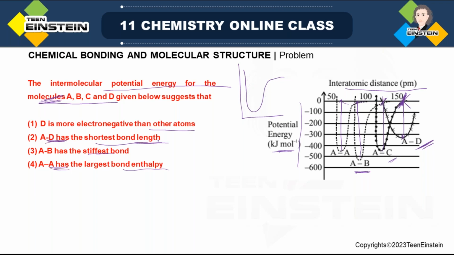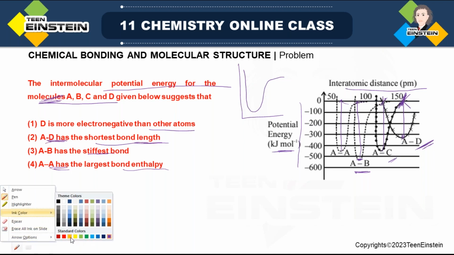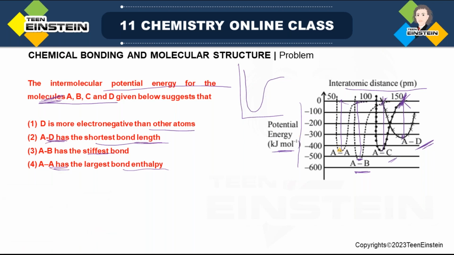Then, AB has the stiffest bond. Now for AB, the energy minimum is the largest in magnitude. Why am I saying so? This is the minimum for AA. If you draw a line, it is somewhere between minus 400 and minus 500. For AB, it is greater than minus 500. For AC, it is lesser than that. For AD, it is somewhere here.